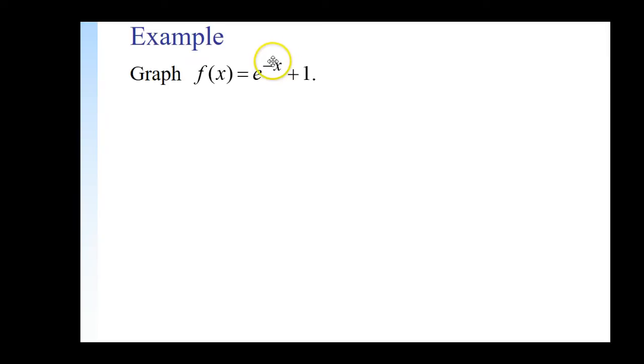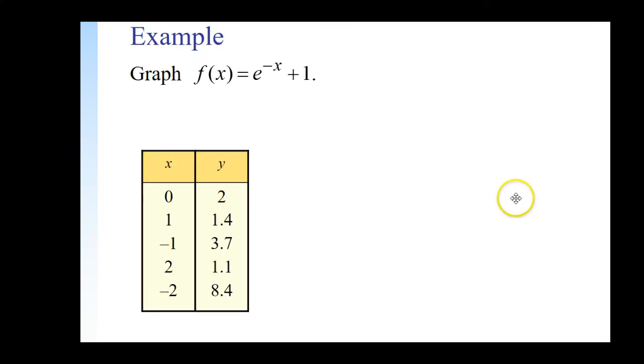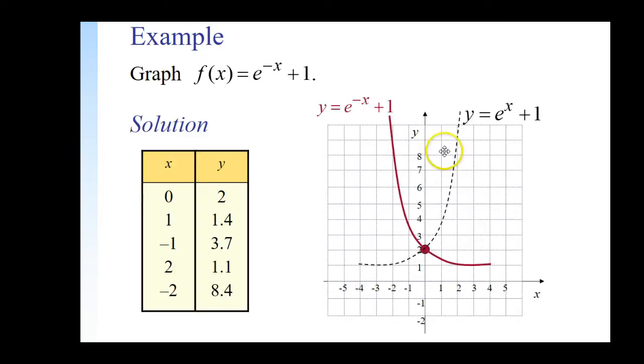Remember, that then is just the reciprocal of what we had here. We had an example of this earlier when we talked about function of x equals, let's say, 1/4 to the x power. So it's just the reciprocal, and again, the +1 keeps it up. So let's take a look at this. Here are some points, and then there is the graph.